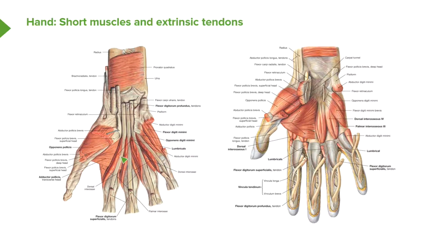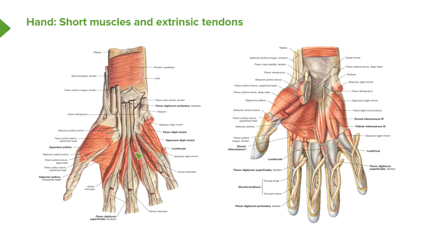And as they run over towards the extensor expansion, they are running over the metacarpophalangeal joints and then over the interphalangeal joints. So these muscles are capable of working across two different joints. We have a lumbrical here, we have another lumbrical here, our two lateral unipennate lumbricals, and then we have two bipennate lumbricals.